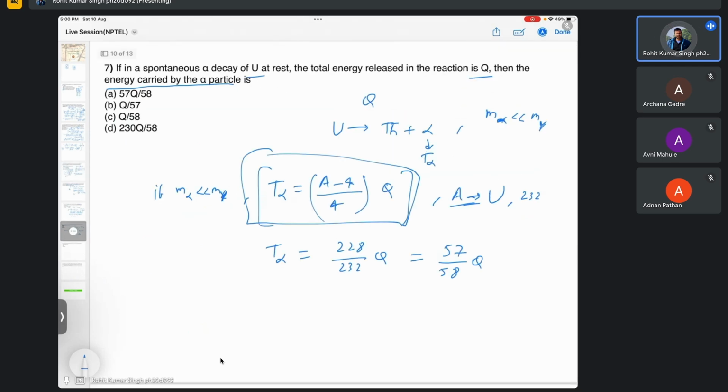If the mass of the decaying nucleus is of the order of 100 times greater than the alpha particle, then this formula works fine. It might not work for lighter nuclei, but lighter nuclei don't do radioactive decay in general. So I think this formula applies for all alpha decaying nuclei. This is a nice formula.